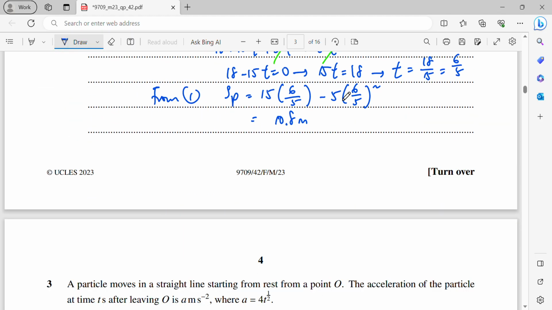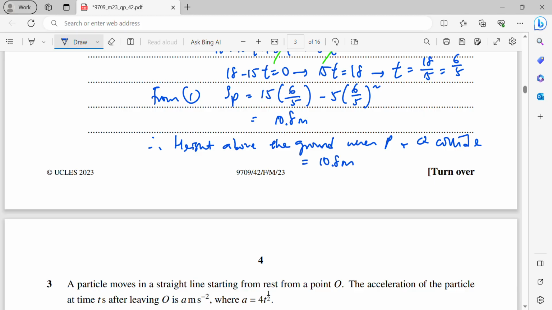That is the height above the ground. So the height above the ground when P and Q collide equals 10.8 meters. Okay, so that's the solution for this question.